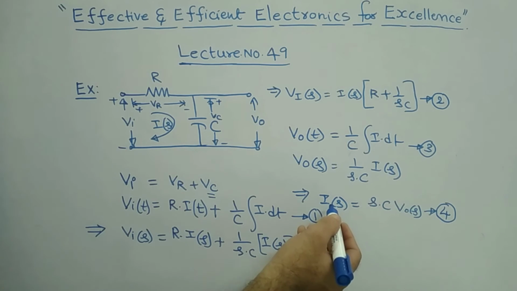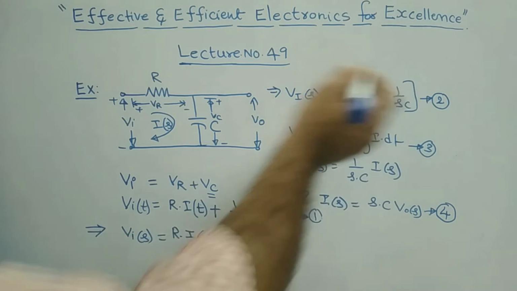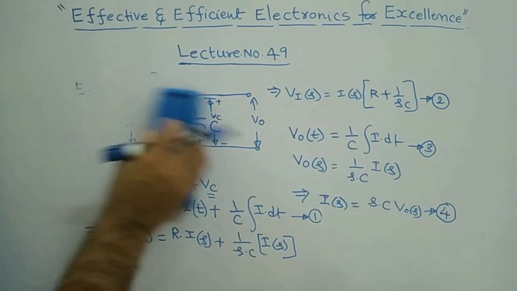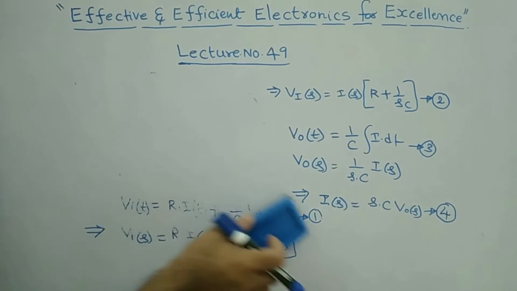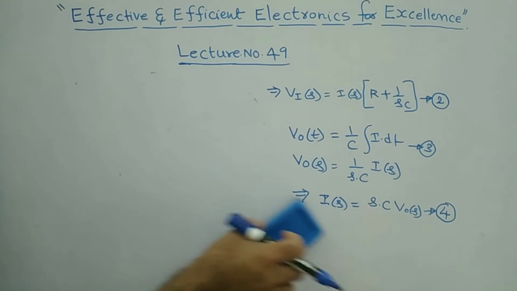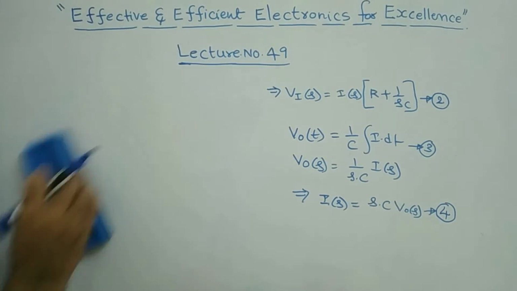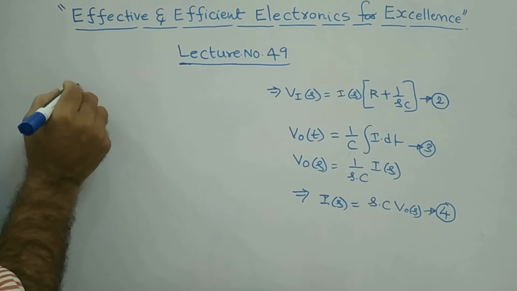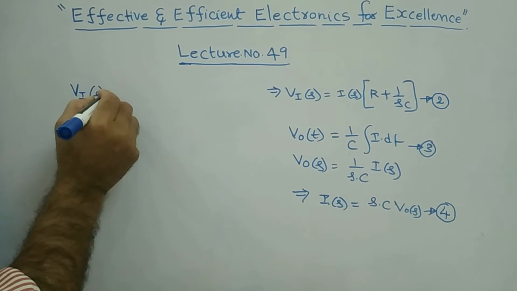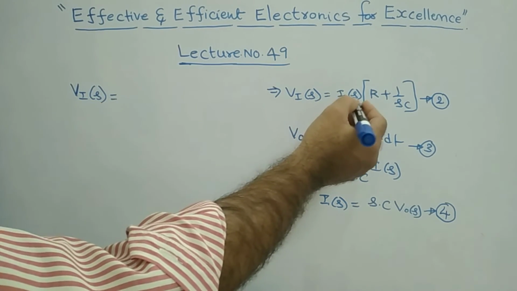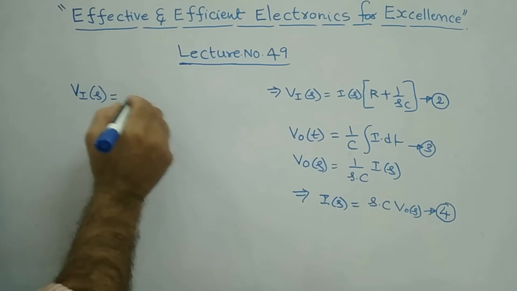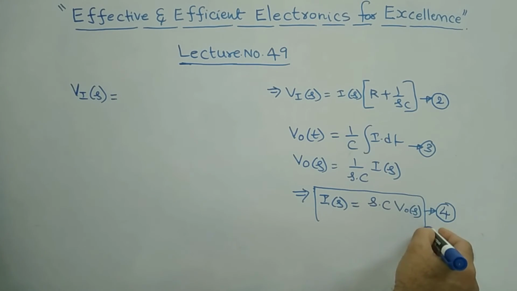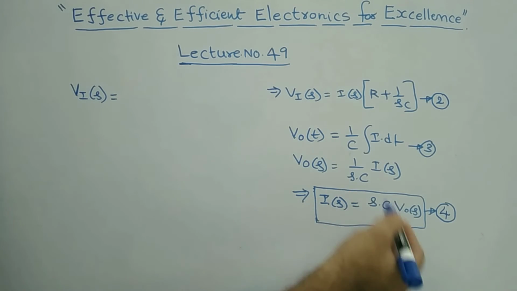Now substitute equation 4 into equation 2. Then how will it come? I will explain here. By substituting equation 4 into equation 2, V I of S is equal to, whatever I of S is equal to, substitute this I of S value there.